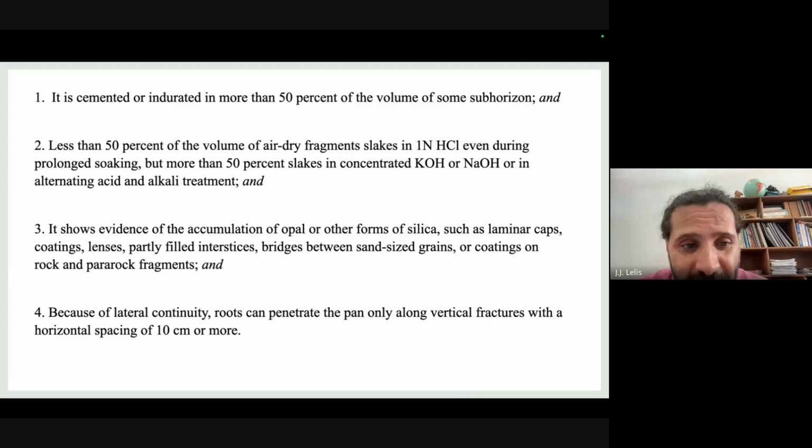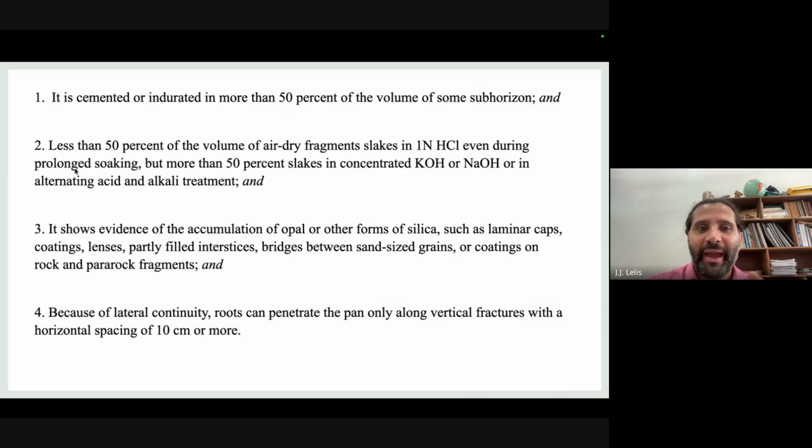The criteria to identify duripan: it should register cementation, so equal or more than 50% of the volume registers cementation. When I put less than 50% of the volume of this material, air-dry fragments, in 1 molar hydrochloric acid, even during prolonged shaking, it should not slake.